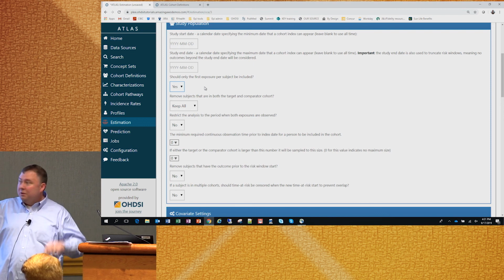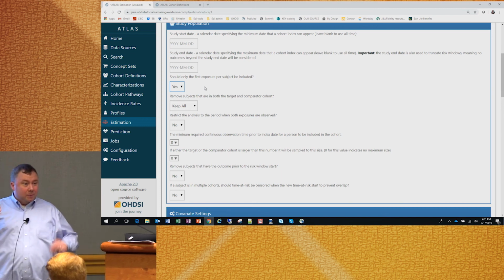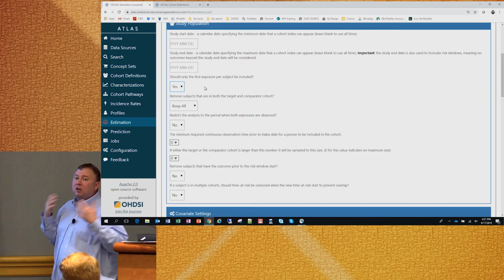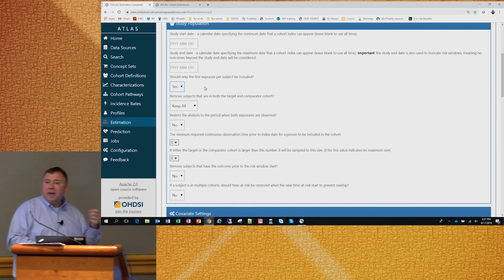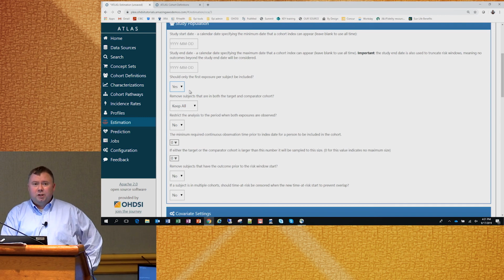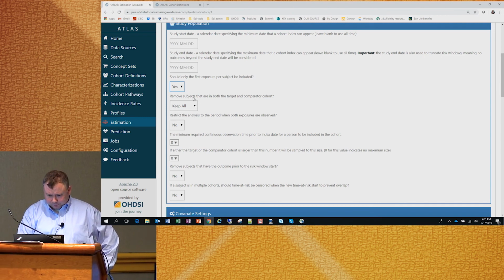For all it knows, your T has multiple recurrent events. Because that's something that you could have done different ways in your cohort, your analysis is going to require you to make a specification. And so here, it turns out that yes, we do want first exposure, and that was already handled, so we'll just handle it again here.